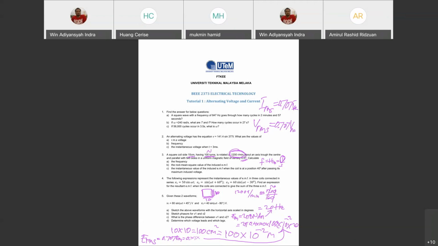Okay, now C. Instantaneous value of the induced EMF when the coil is at precisely 40 degrees after passing its maximum induced voltage.